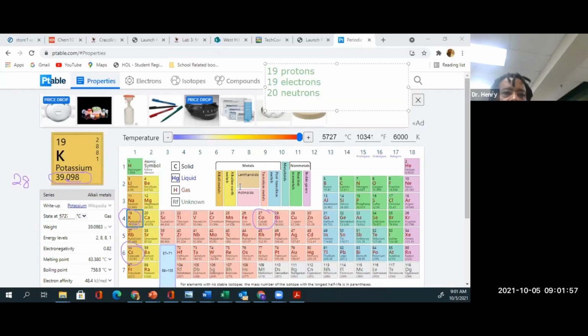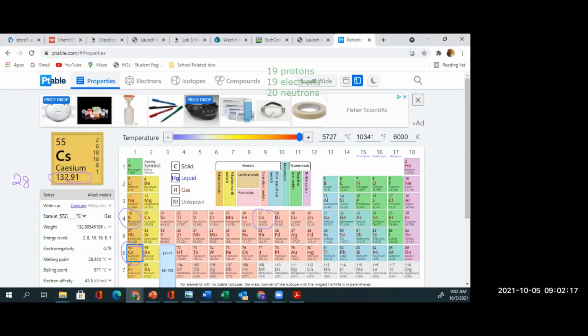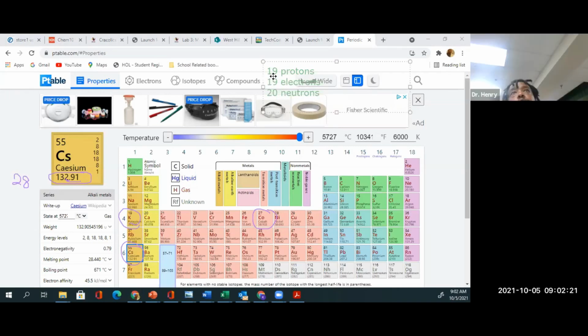Okay, so let's do cesium. How many protons? 55. Okay, so we have 55 protons.